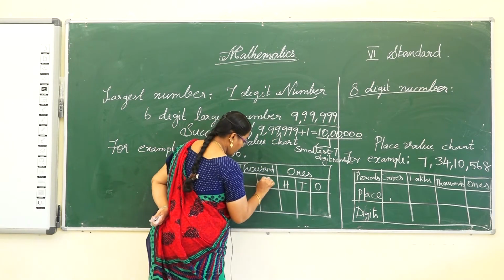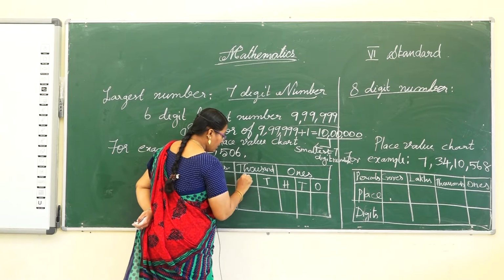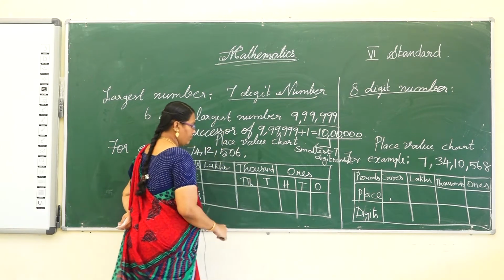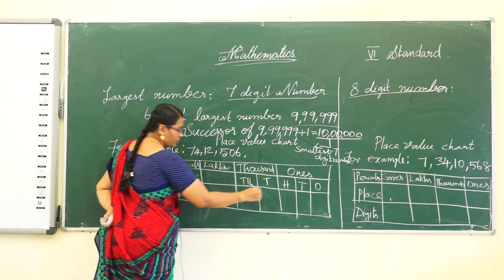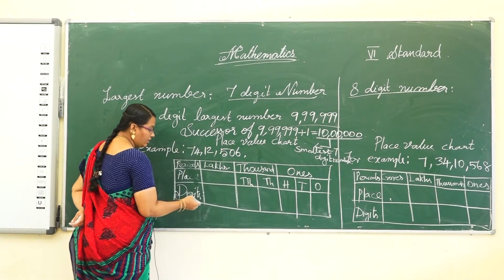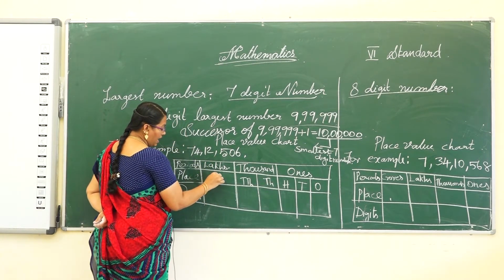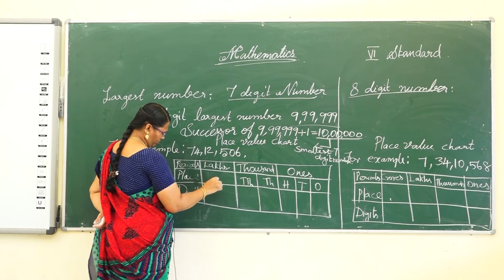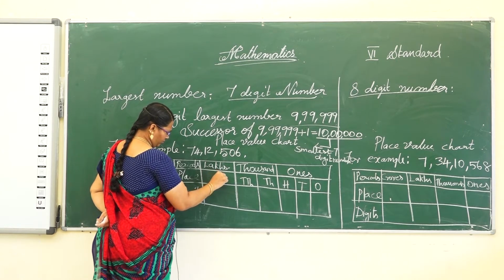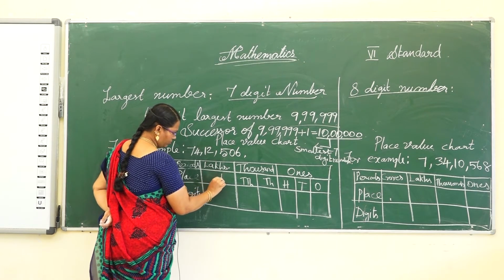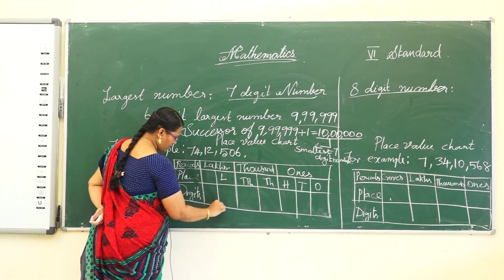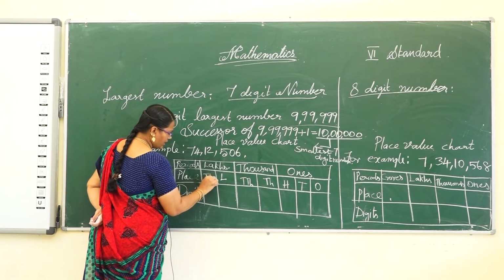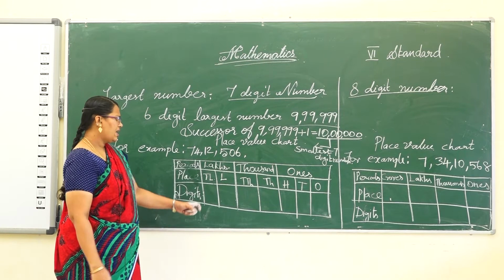Here 1,000, 10,000. Here lakhs, 10 lakhs.